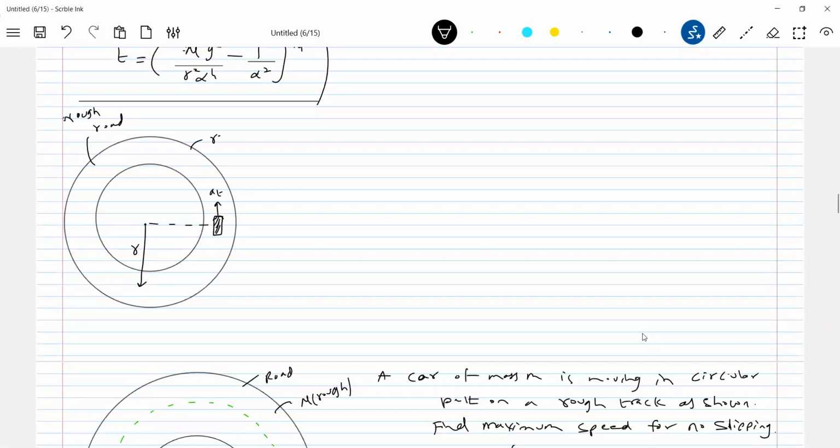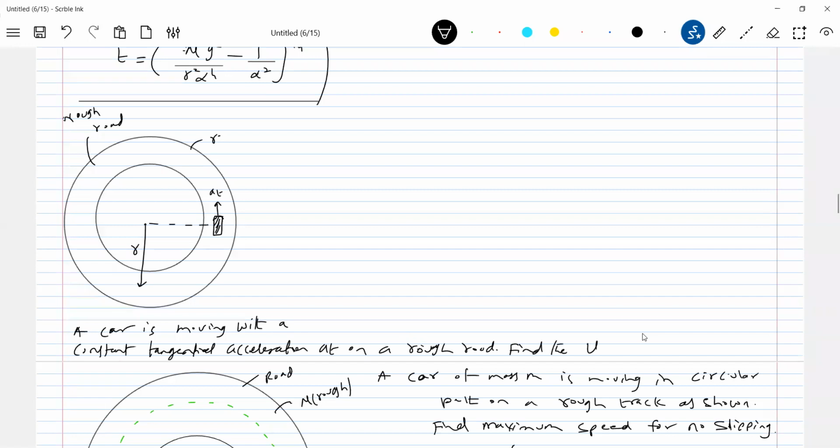Horizontal, that one. It is like a car moving with a constant tangential acceleration a t on a rough road.